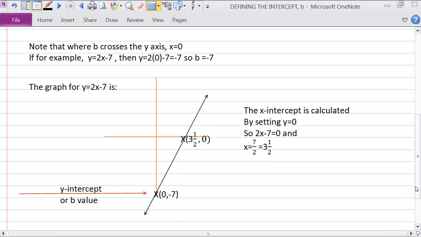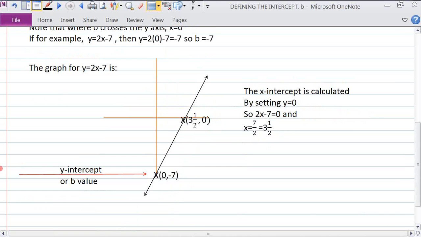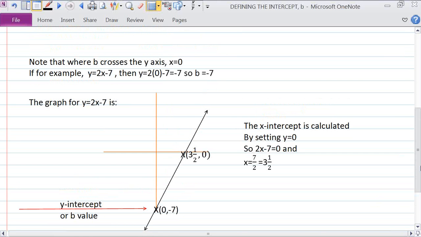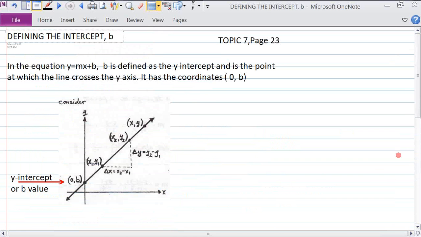But what we're trying to show here is that if we know where the straight line crosses the y-axis and we can identify this point, then we put this into the equation. If we know the slope and we know the intercept, then we know the equation of the straight line.